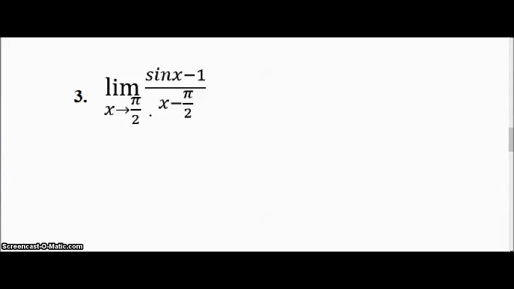Sine of pi over 2 is 1, minus 1, over pi over 2 minus pi over 2, which is equal to 0 over 0, which is once again indeterminate, which means we can use L'Hopital's rule.